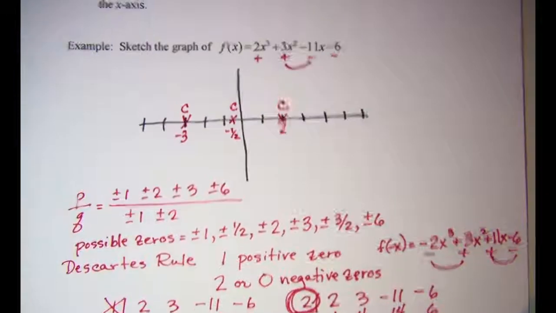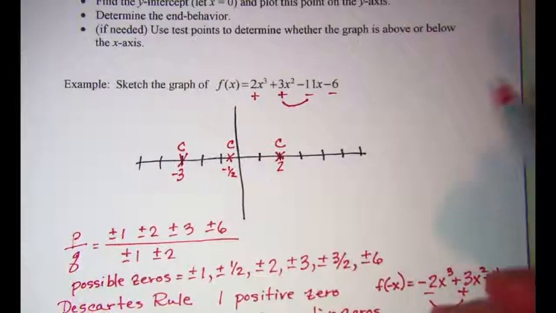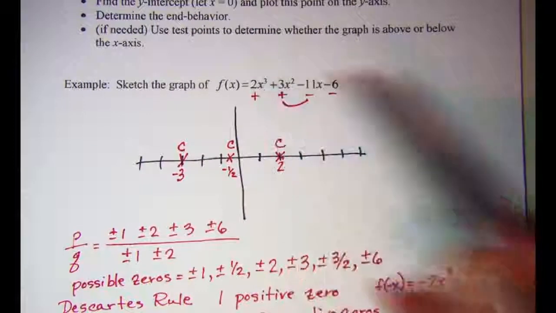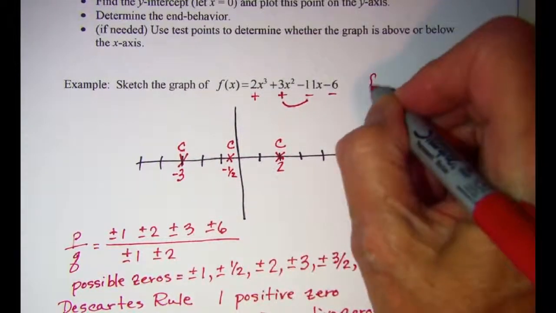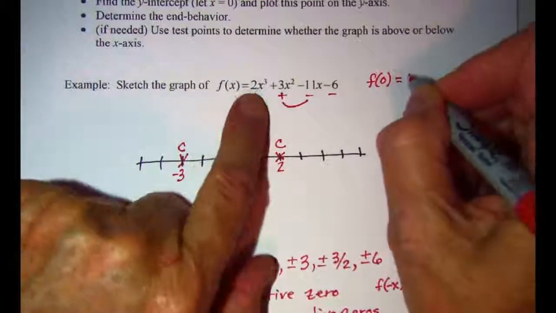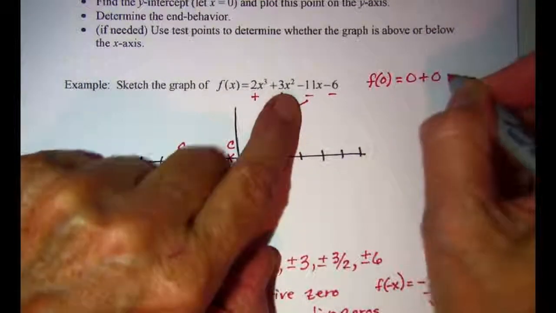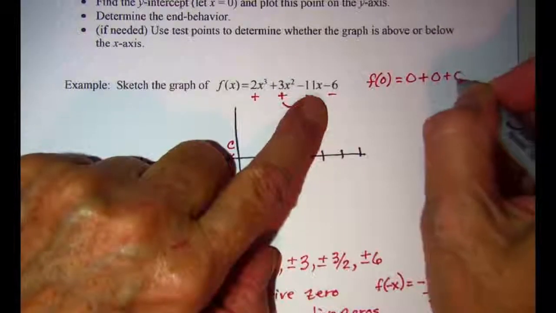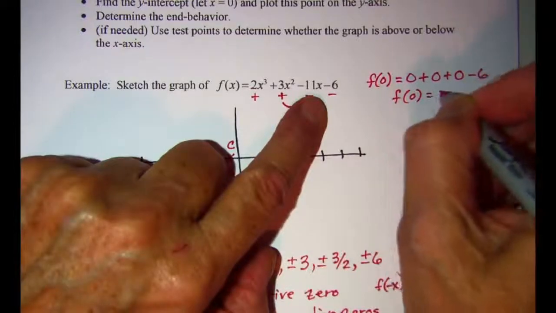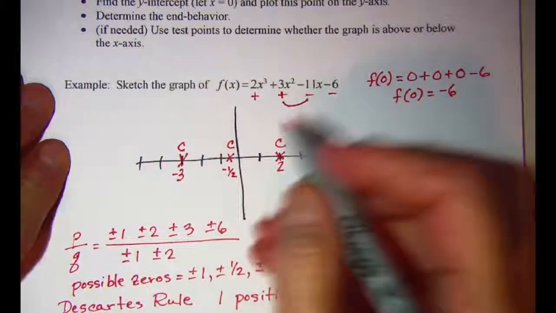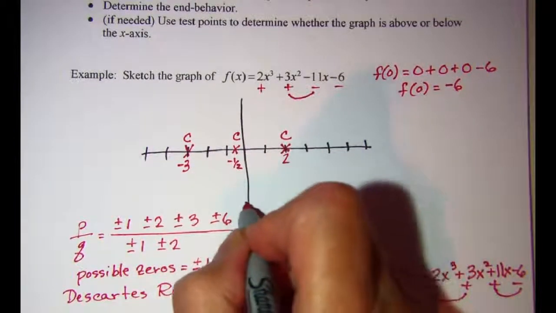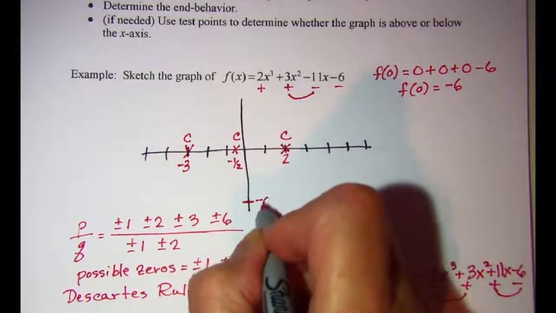Now, y-intercept. I find my y-intercept by letting x equals 0. So I have f of 0 is 0 plus 0 plus 0 minus 6. So f of 0 is negative 6, which means that my graph is going to cross the y-axis at negative 6.